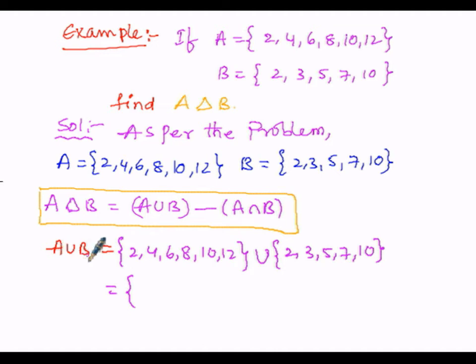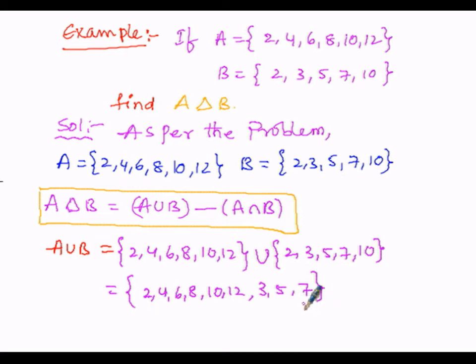In order to find the union, we write all the elements of the first set, 2, 4, 6, 8, 10 and 12, and include 2, 3, 5, 7 and 10 after checking whether they are occurring or not. 2 is already occurring, so we need not include it. 3 and 5 are not present, so we include them. 7 is not occurring, so we include it too, but 10 is already occurring, so we need not include it.